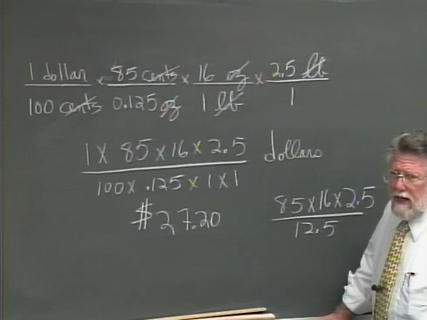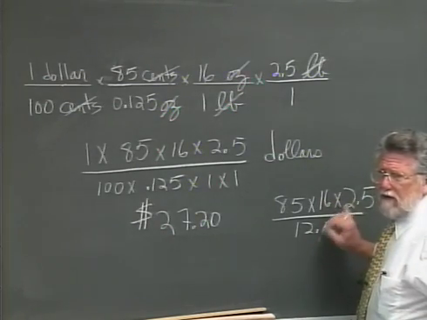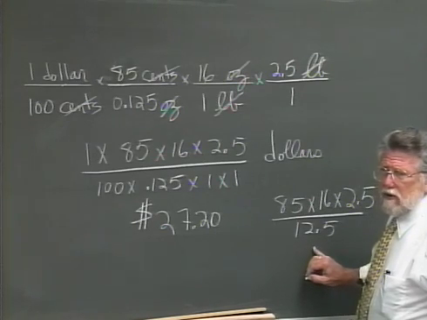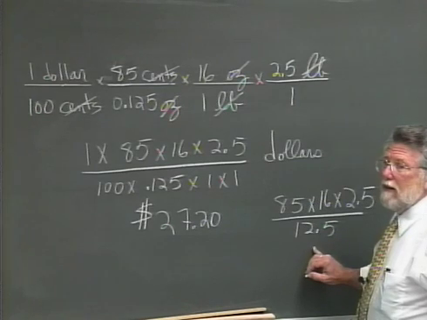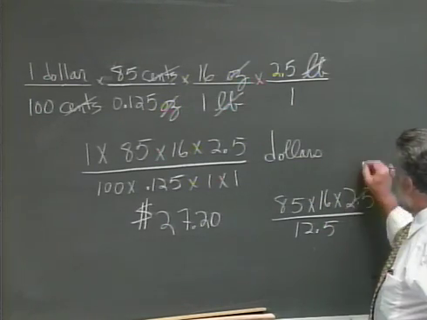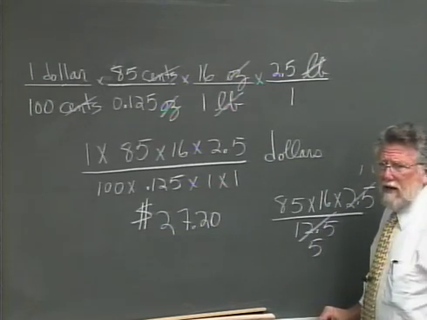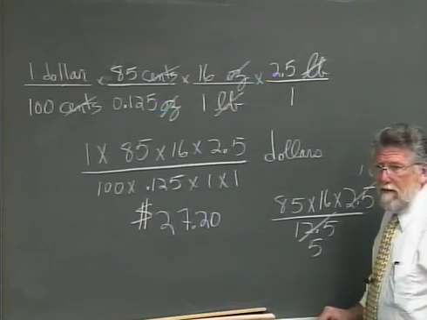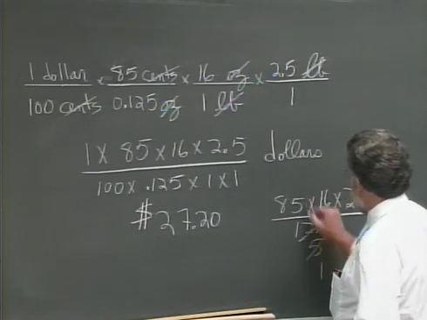Now, if you were just to make a rough estimate, wouldn't you argue that 2.5 goes in here about 5, maybe? Okay, what's 5 into 85? 17.